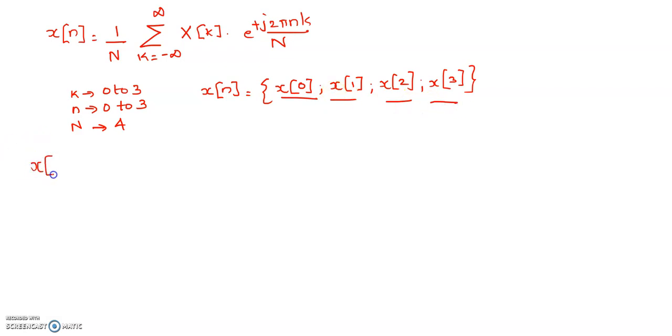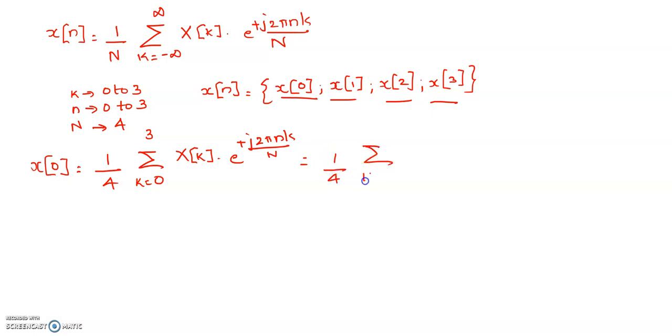We'll start off with x of 0. When you apply it to this formula, it becomes 1 by 4, because N is equal to 4, summation k from 0 to 3, x of k e raised to plus j 2 pi nk by capital N. When we substitute n equal to 0, the entire e term becomes e raised to 0, so it becomes 1.